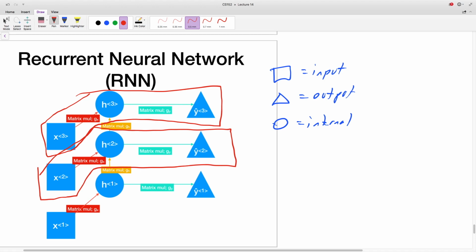So we can say x1 feeds into h1, which goes to y hat 1. And then this goes to, and let's just draw a big box to represent this.